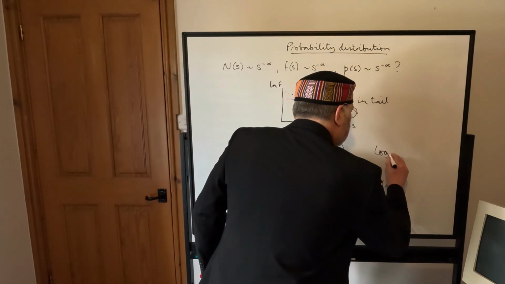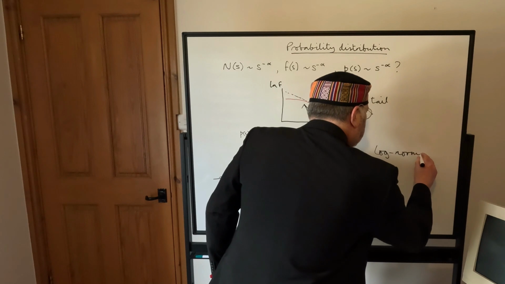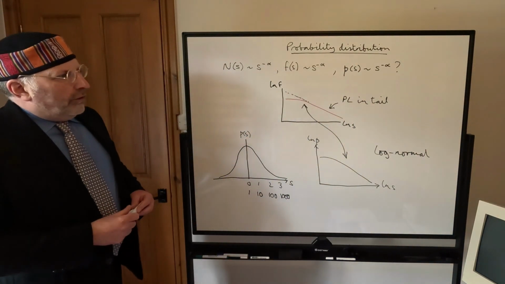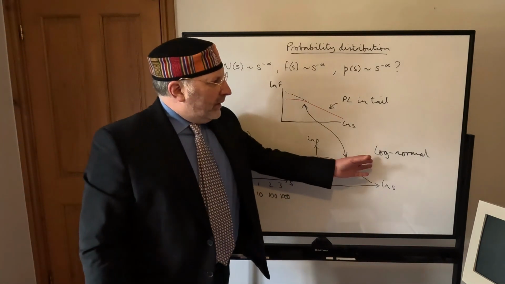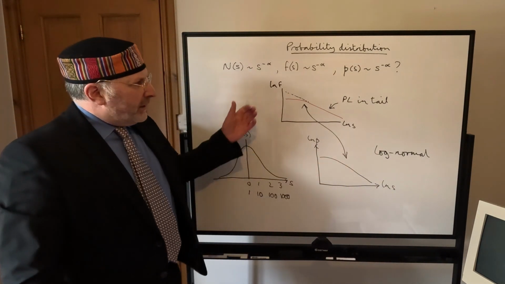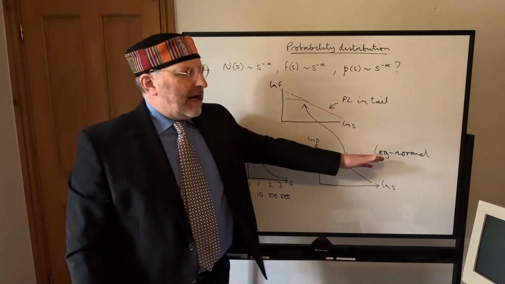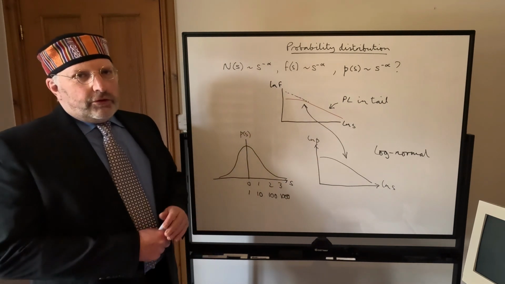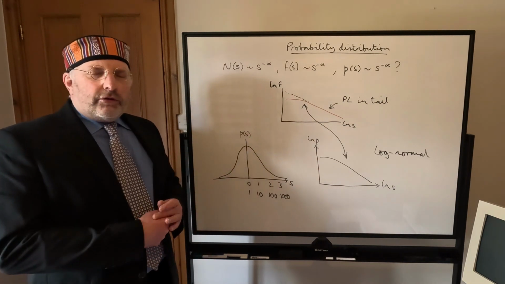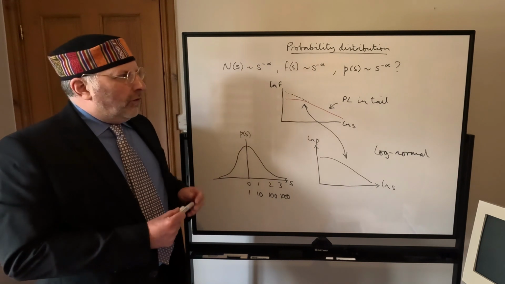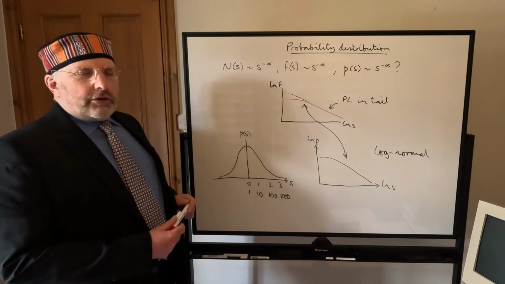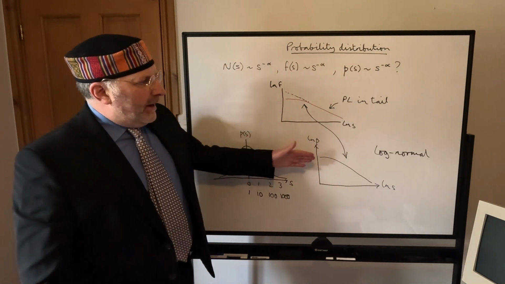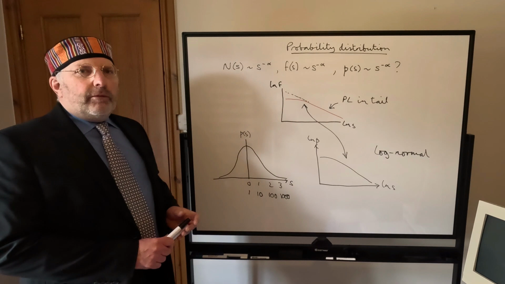This is a log normal, that's what it's called. So we certainly need to consider that possibility, that the data that we're calling a power law is actually a log normal distribution. Now, we will be talking about these distributions in more detail when we get to the statistics part of the course. But here I'm just pointing out that when we're looking at power laws, there's always a possibility we might be confusing them with log normals.